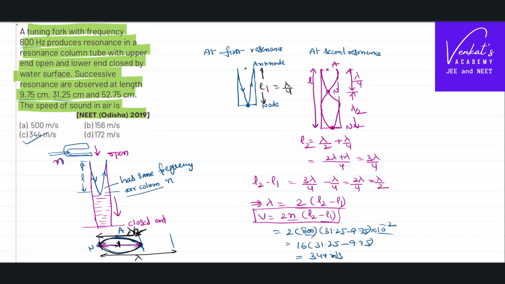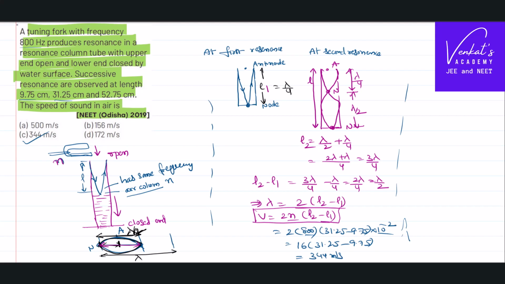That's a normal range for the speed of sound. Even if you have not solved this problem, you cannot opt for any of the other answers, because at room temperature the velocity of sound is around 340 to 350 meters per second. Anyway, this is the concept I have explained.